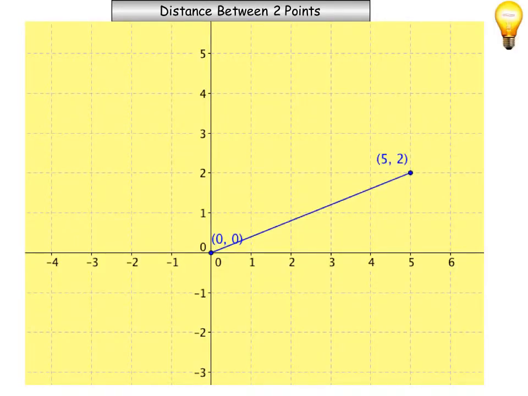Okay, so we've got 2 points here, and we should label them.